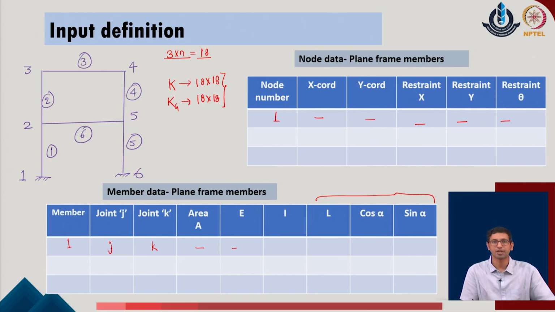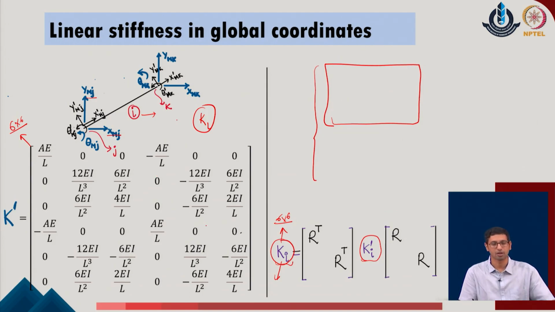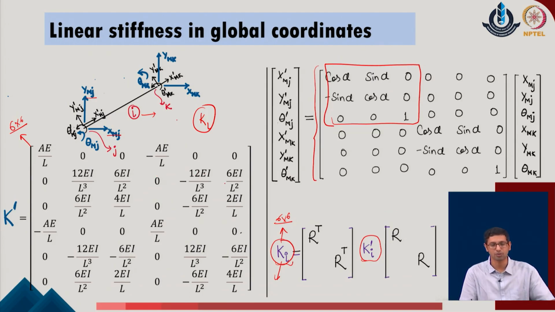Now, in this 18 cross 18 matrix, where will the individual members contribute? Because you have got the calculations for each of the members for their linear as well as geometrical stiffness.